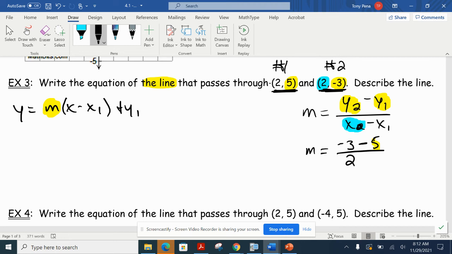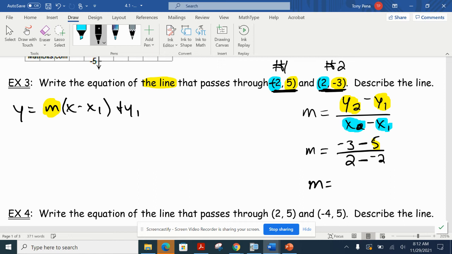Make this a -2. Let's not go crazy. All right, and then we're going to do minus. And then I want the x coordinate of the first point, which is now a -2. Whatever that simplifies to be, that's going to be your slope.